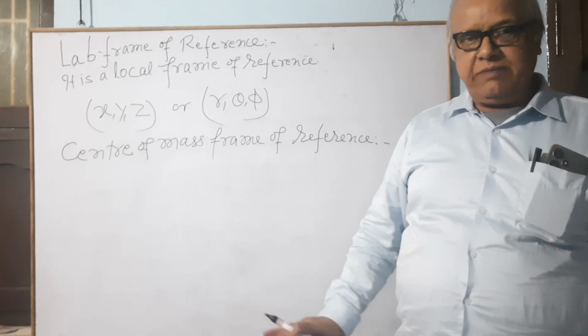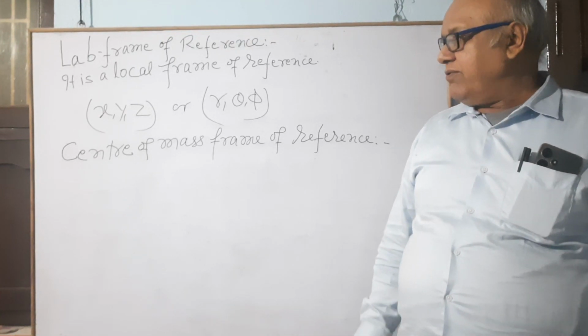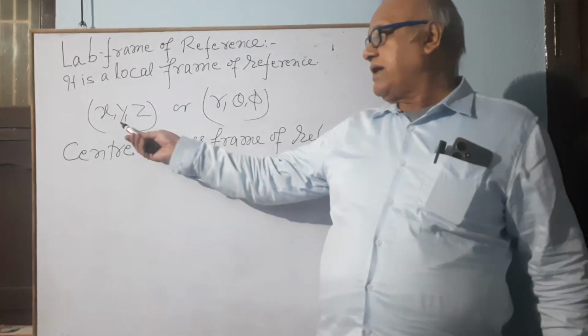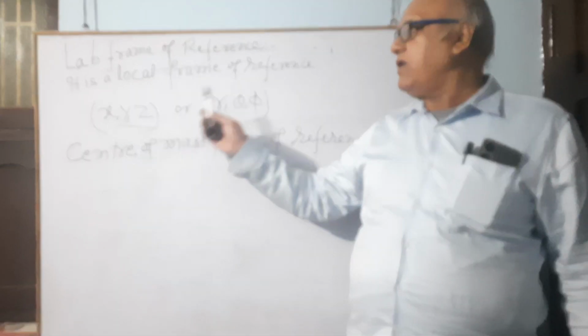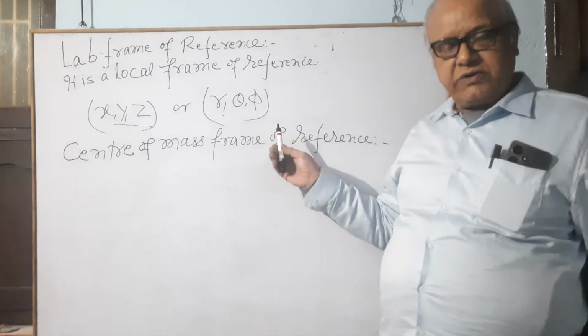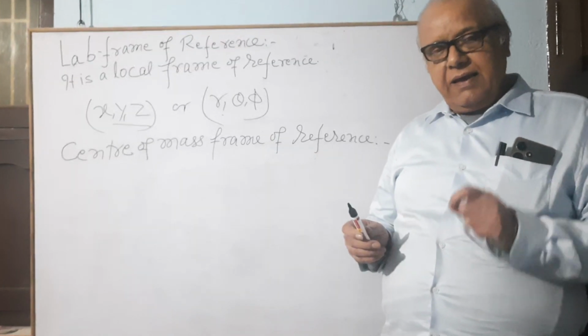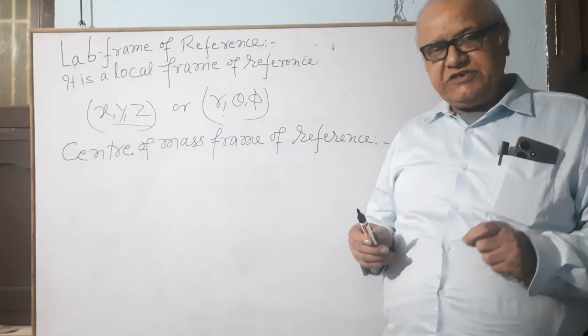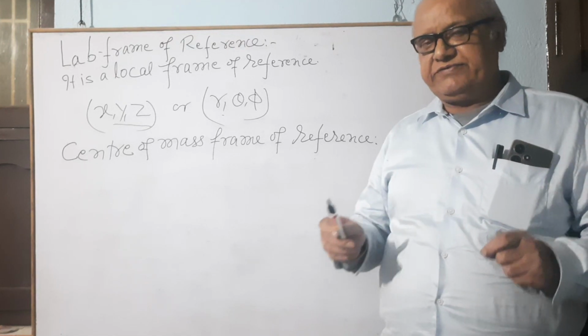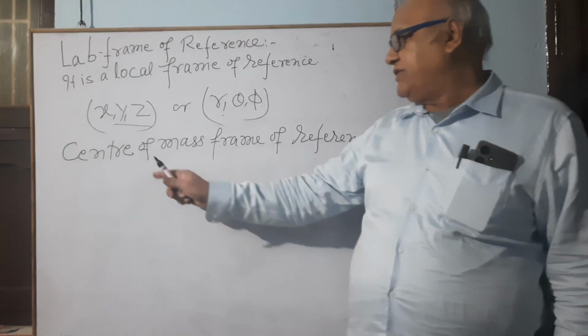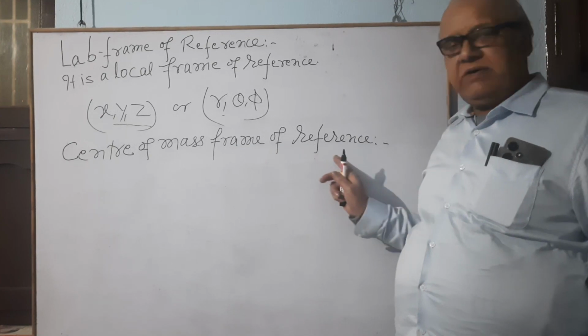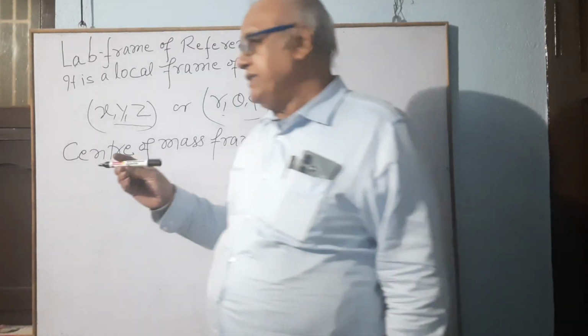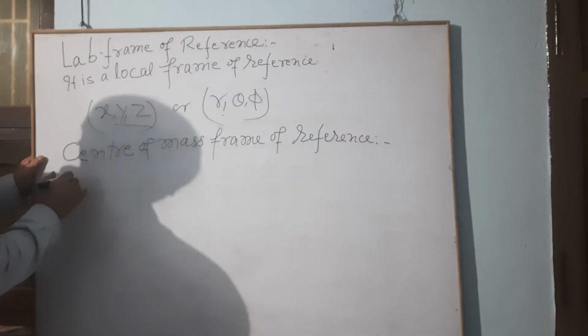Then it is called L frame of reference. Now, if the origin of Cartesian system of coordinates or spherical polar coordinates are fixed at the center of mass of the system, then it is called center of mass frame of reference, or it is called C frame of reference.